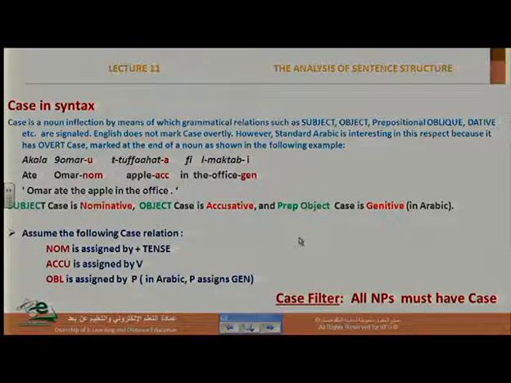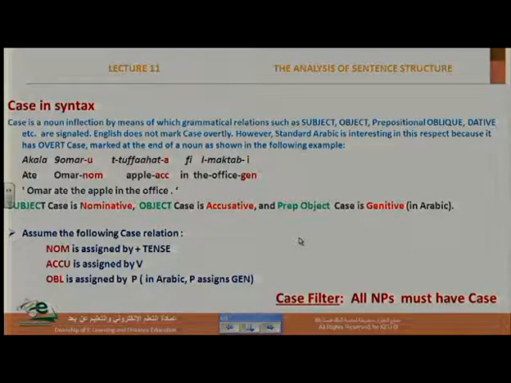Case is, as you may remember from the morphology part, where we talked about a number of inflections, but we did say that case inflection is not attested in English. And therefore we use this same sentence, if you go back to lecture 3 or 4, to illustrate the manifestation of overt case, that is explicit heard case, in Arabic, as you can see here in red.